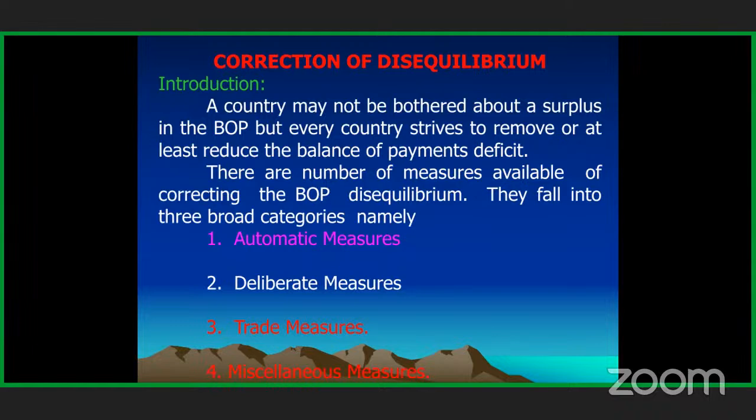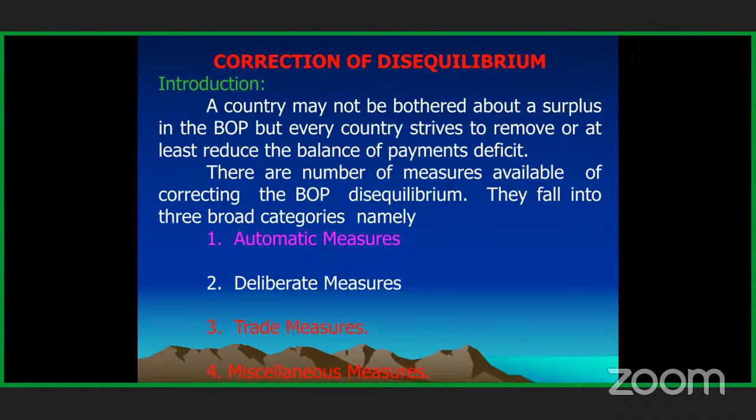And another one is temporary disequilibrium. It is also known as random or temporary type of factors which may lead to temporary disequilibrium in the balance of payments. For example, in India, floods, droughts, outbreak of war, these situations create and lead to temporary disequilibrium in balance of payments.